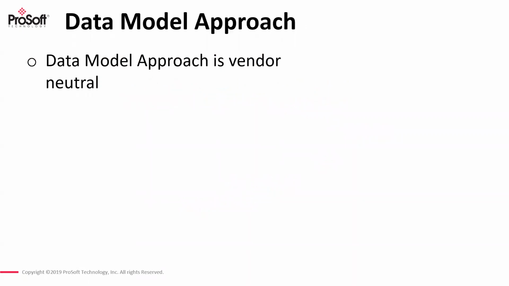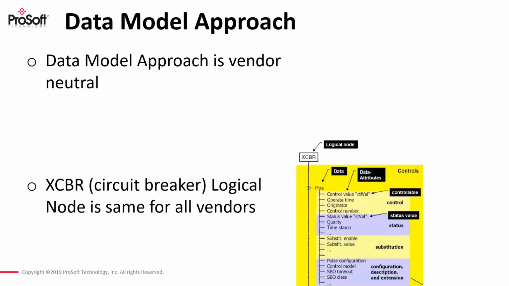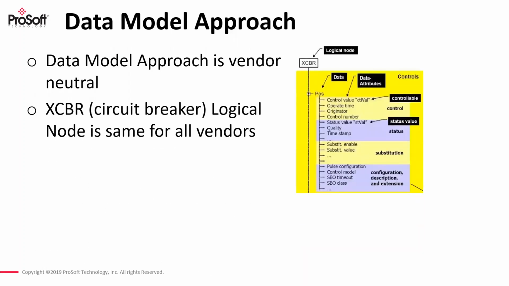The other thing that they did, which was a great approach, was to make the data model approach vendor neutral. And when I talk about vendor neutral, essentially what I mean is the standard for IEC 61850 has implemented something like an XCBR, which is a circuit breaker data model. And that XCBR has attributes that are required for every device vendor, and it's the same for every vendor.